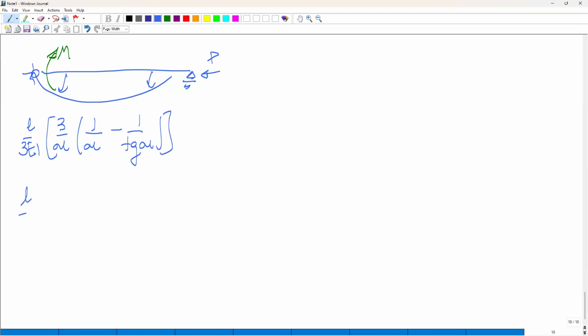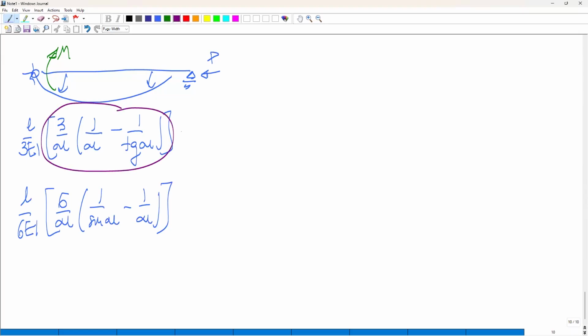And this one here is L over 6EJ times 1 over sinus minus 1 over alpha L. Let's call this GD and let's call this GE, direct and indirect. It's just because we write it faster.